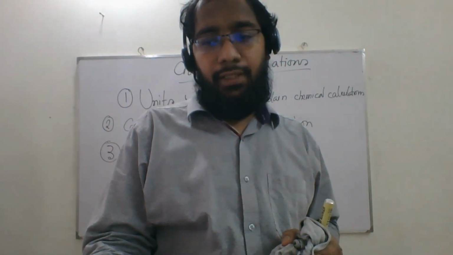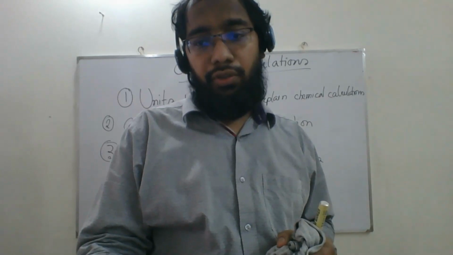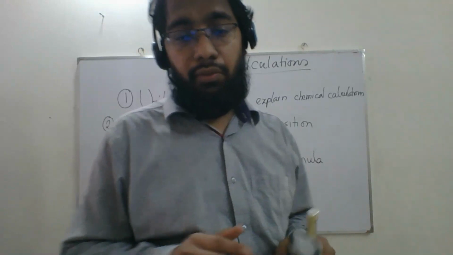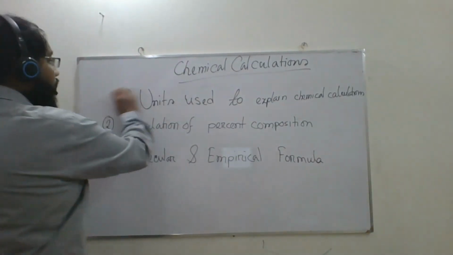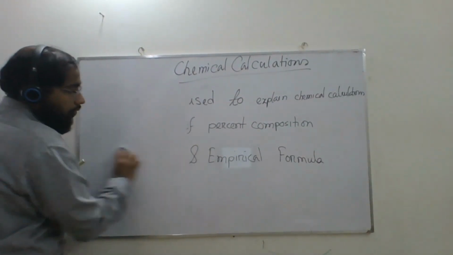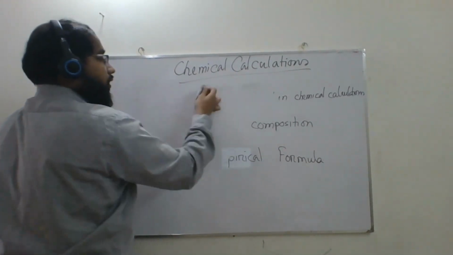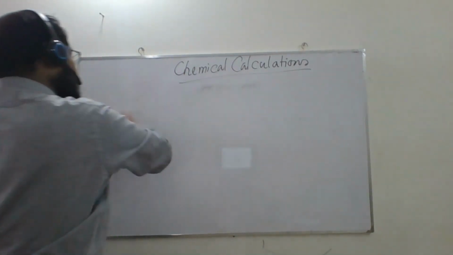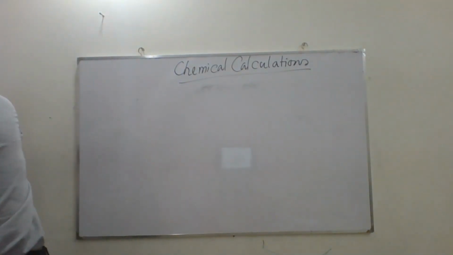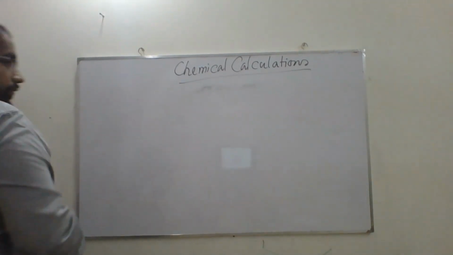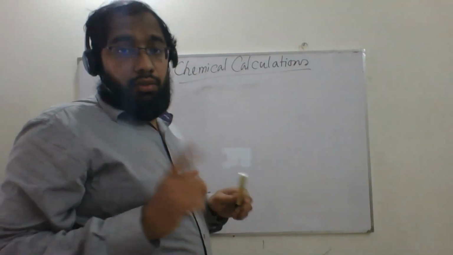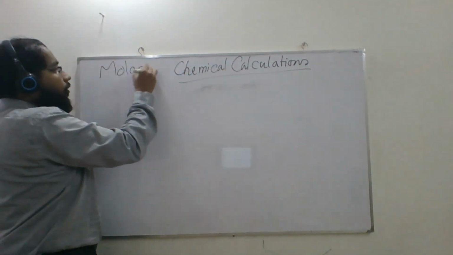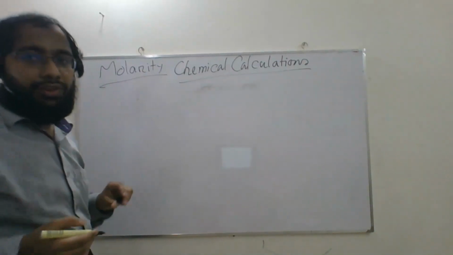First of all, in your mind it comes that molarity, because molarity is well known and used by almost all chemists. So our first term is molarity. Now, what is molarity?